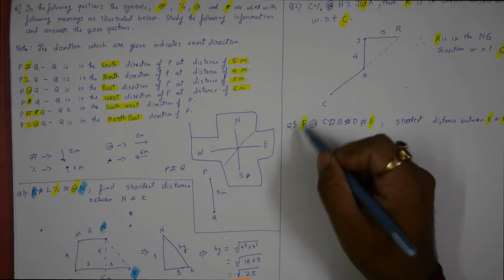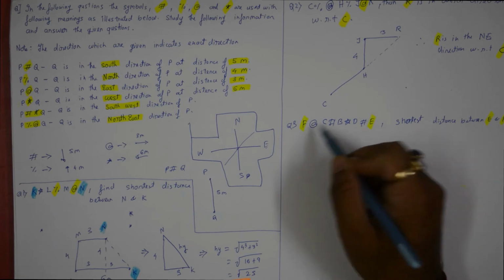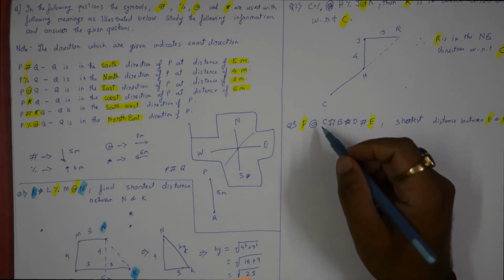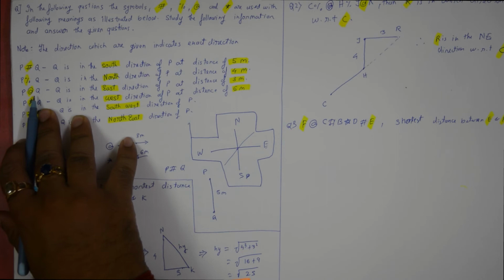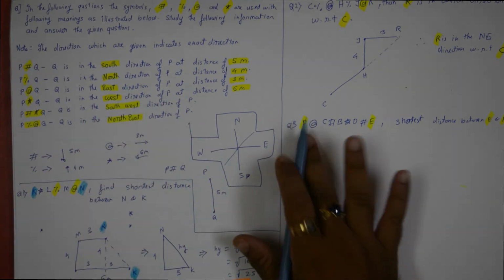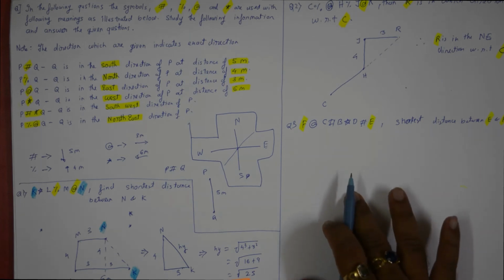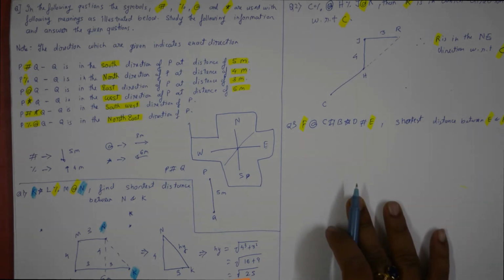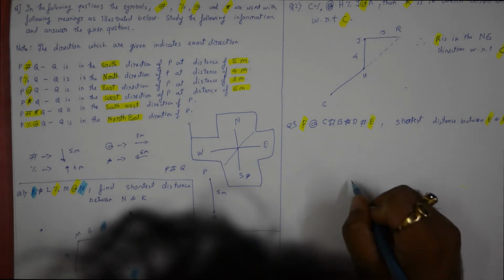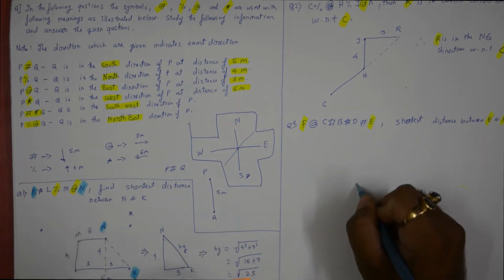So we first had to point out where the F should be. F at the rate. So as you can see here, at the rate means to the east. So F will be to the west. At it means it will be near the left side. So let's put it around the left center. So how about this?